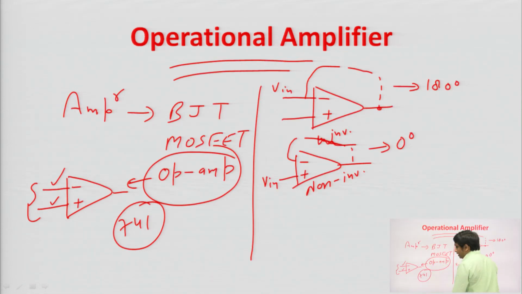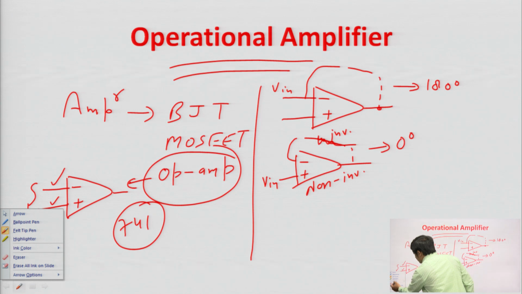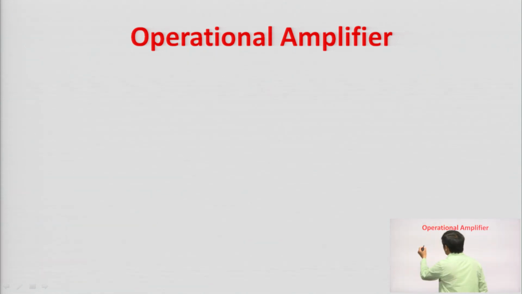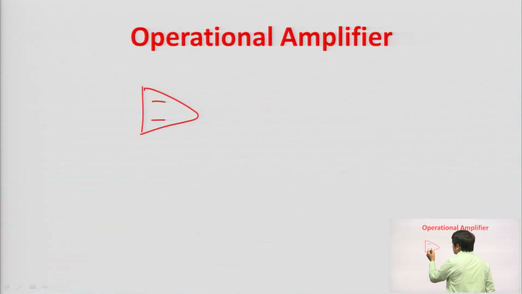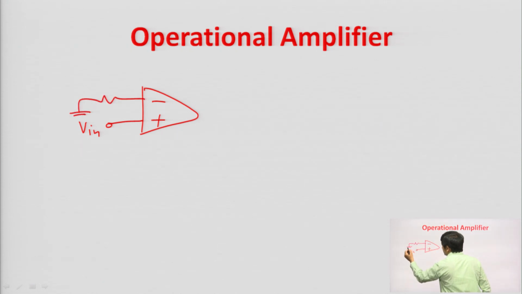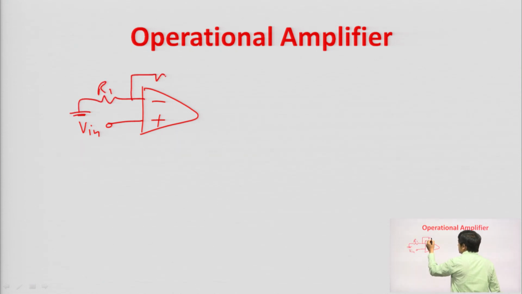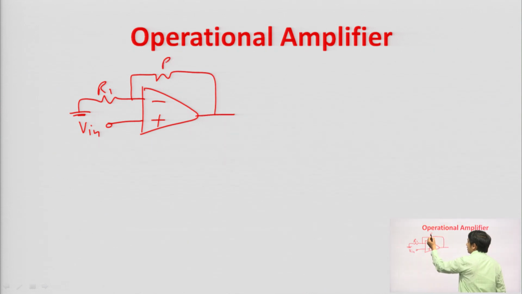So, let us review it. Although you will study this non-inverting amplifier in the last unit, just see it. In a non-inverting amplifier we apply the input signal at the non-inverting terminal, this is your output voltage V naught, and in the feedback there is a resistor R2.